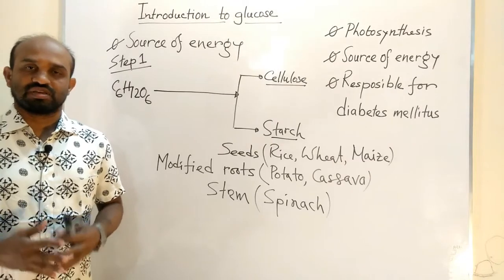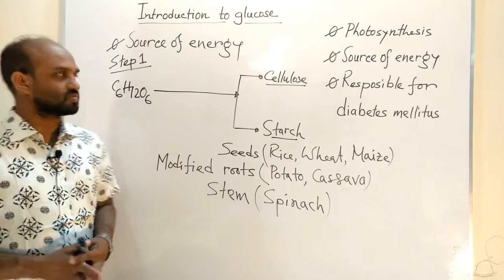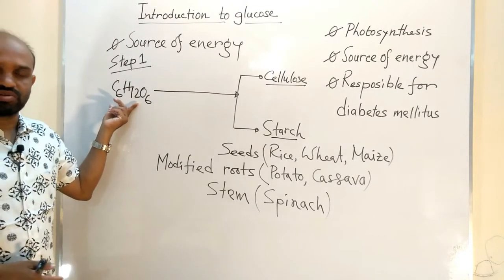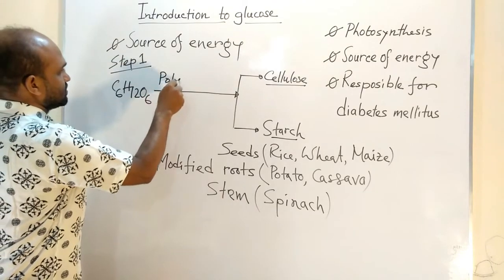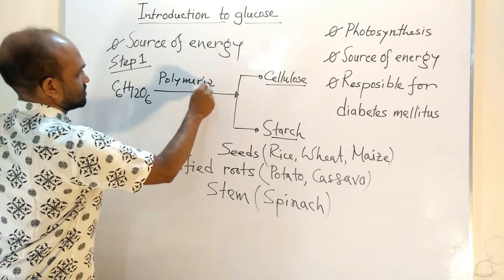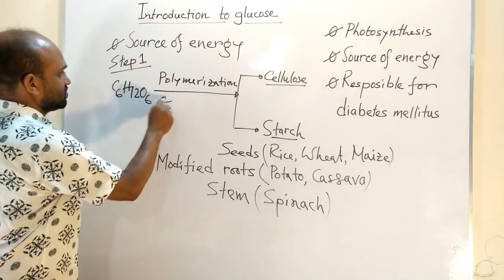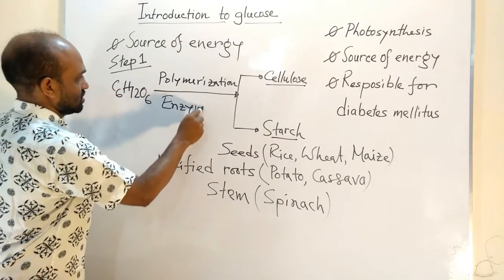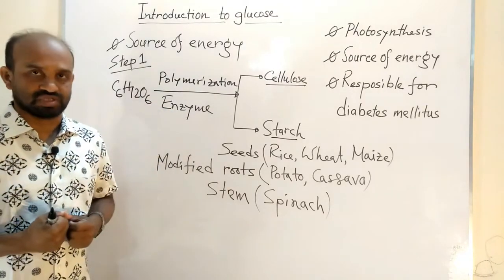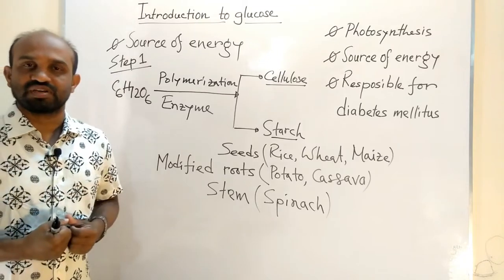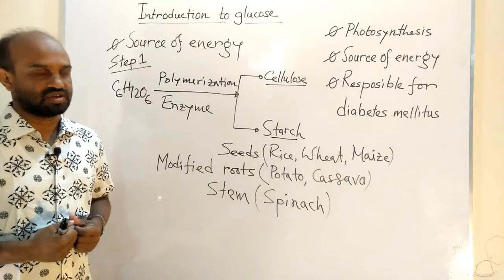Dear students, in the first step we will see the change of the glucose molecules. Here glucose molecule undergoes condensation polymerization in presence of enzyme. Enzyme is a kind of biological molecule, typically proteins, that speed up the biological reactions that take place within the cells.